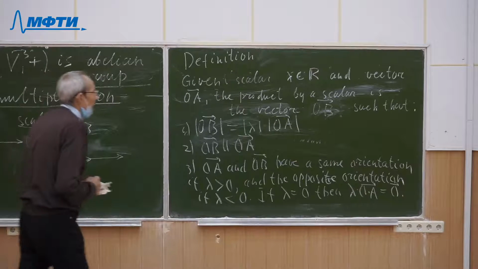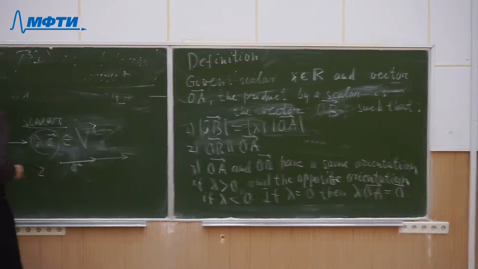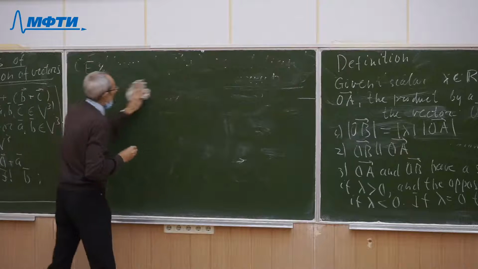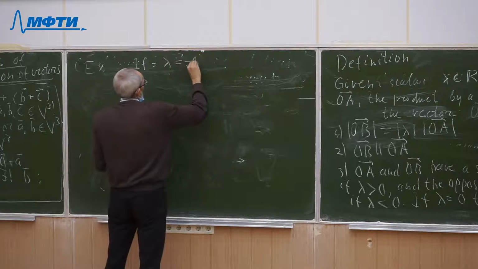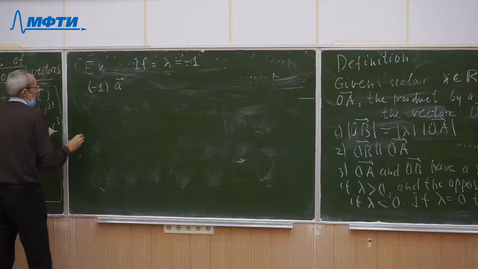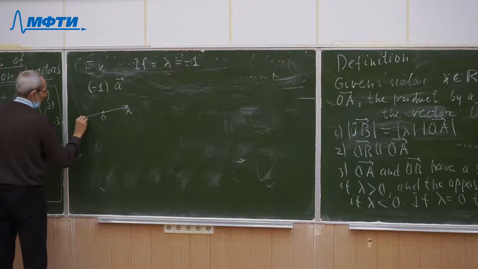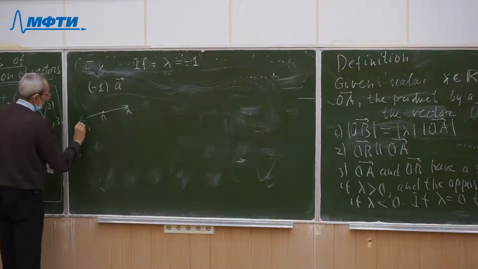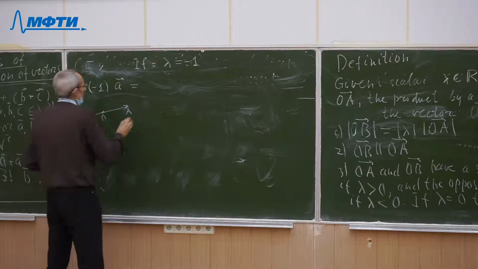For example, if lambda is equal to minus 1, multiplying by vector A gives such a vector OB which has the same length as vector OA and opposite direction, and we have the following corollary.